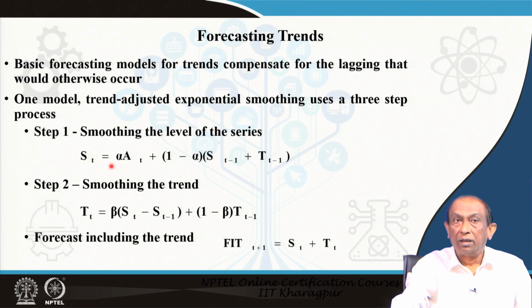Once again, in the first step, we compute the smoothed value of the average level, which is given by St equals alpha, which is the smoothing constant, times the actual demand in the tth period, denoted by At, plus 1 minus alpha times St minus 1, that is the smoothed value of the level computed 1 period before, plus the smoothed value of trend, which is denoted by Tt minus 1, which is computed 1 period ahead of the period t.